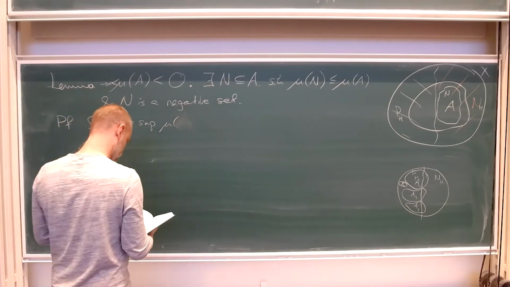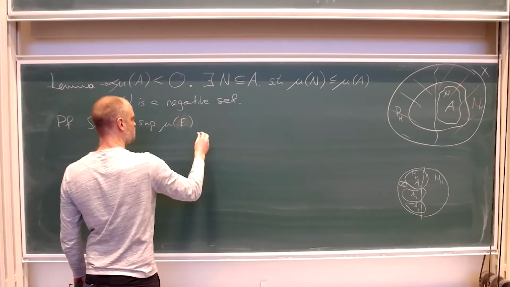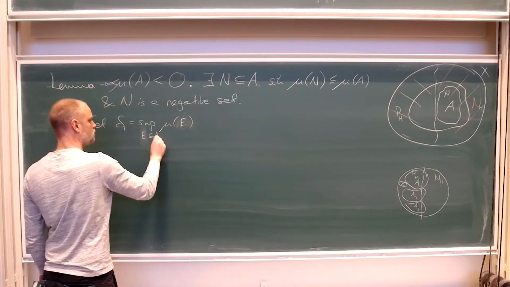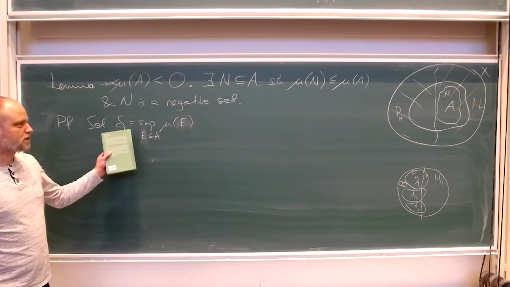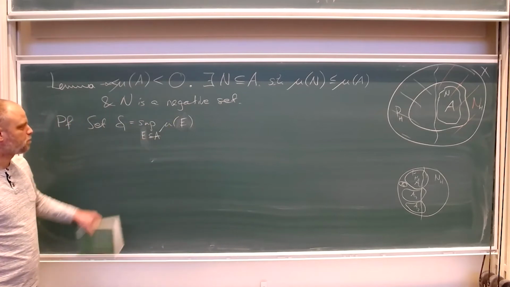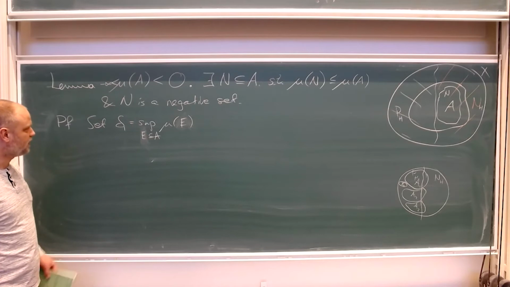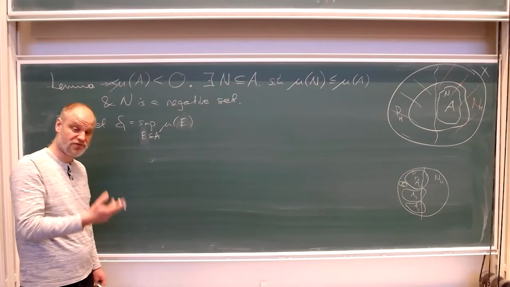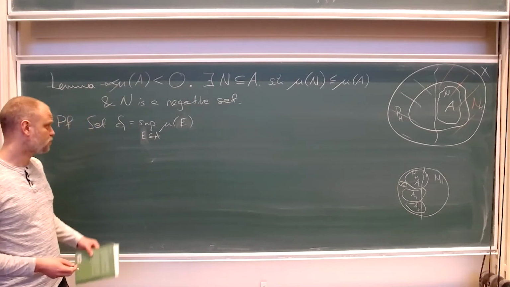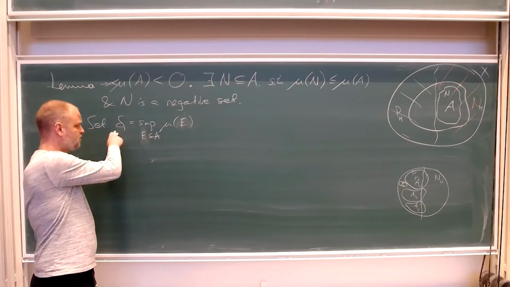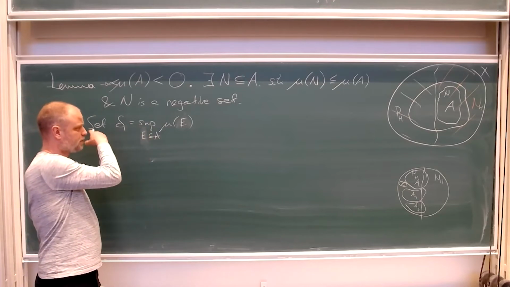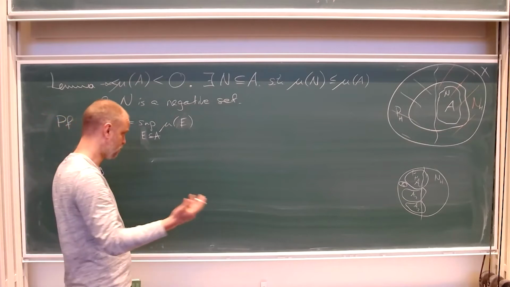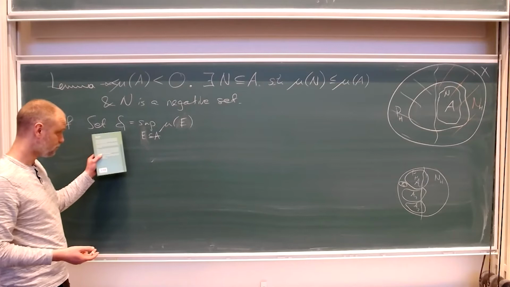So look at the supremum of mu of E for all possible subsets E of A and call that delta 1. As I said before, this might very well be infinity. Even if it's finite or infinite, we don't know that we can get a set that satisfies exactly your supremum, right?